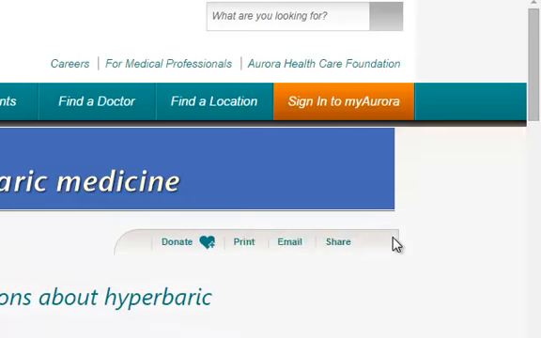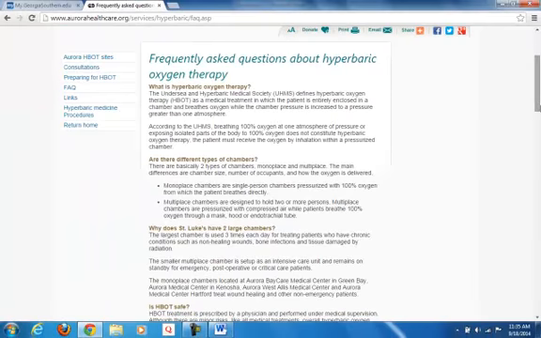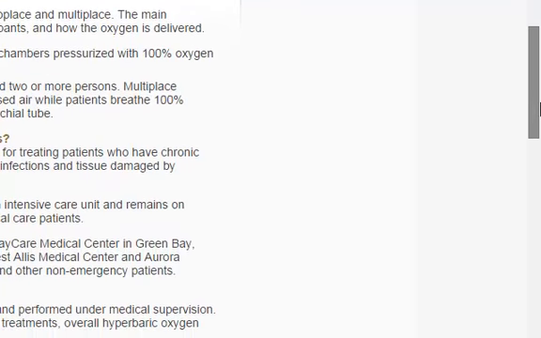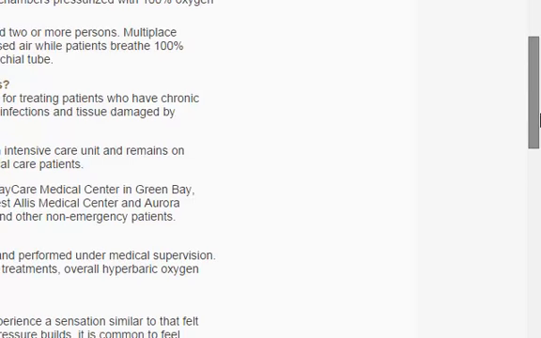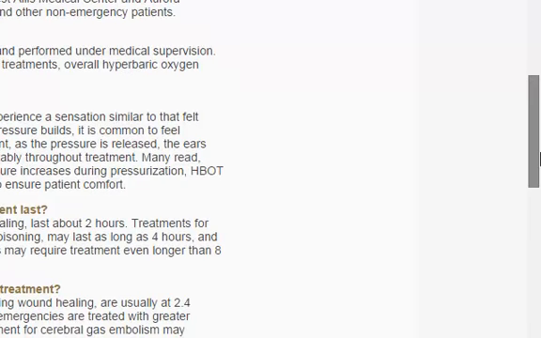Oh, here's a frequently asked questions about hyperbaric chambers. They might have something. Oh, this looks like a really useful place. It has a lot of information about what it actually consists of, what the two types of chambers are, and if it's safe, what it does, and kind of how it does it.